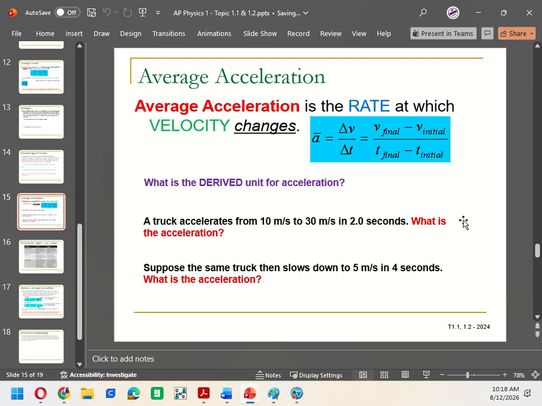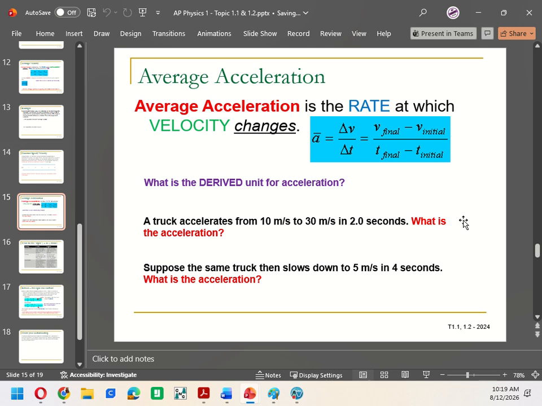So for the next problem, what was my initial velocity? We're talking about the same truck. It goes from 10 to 30. Same truck, then slows down. So my velocity is 30 at this moment.